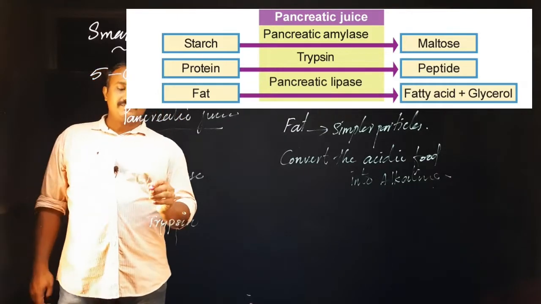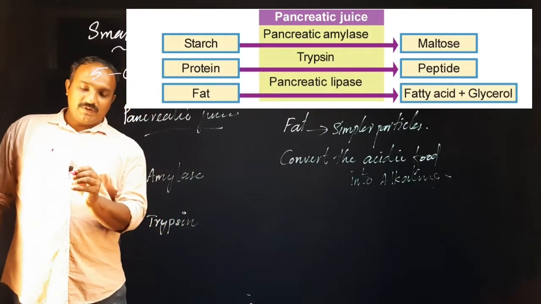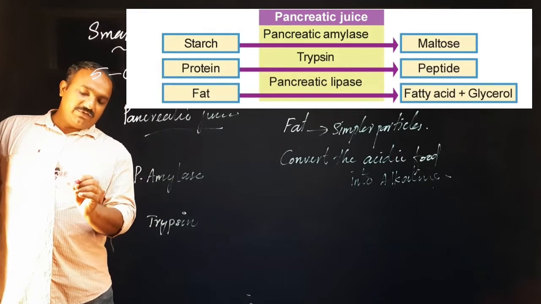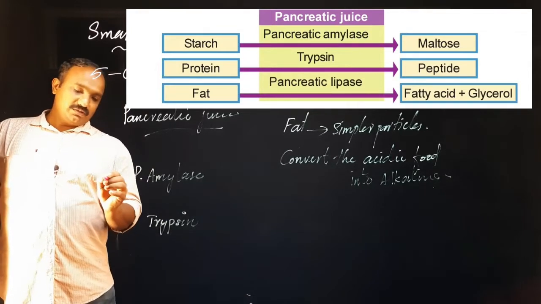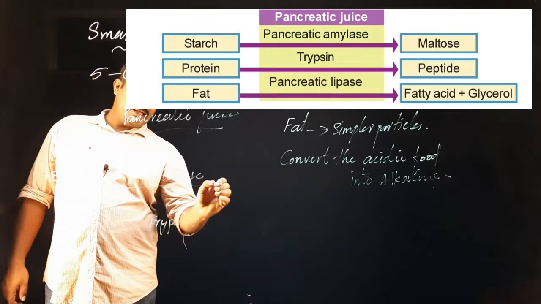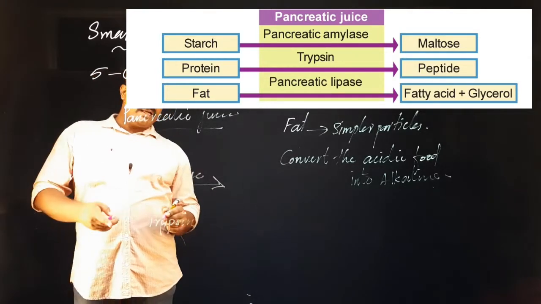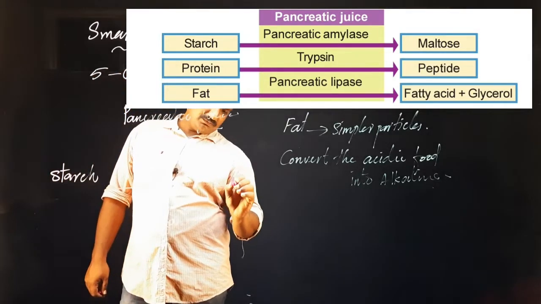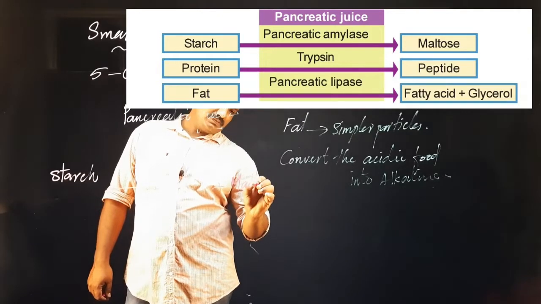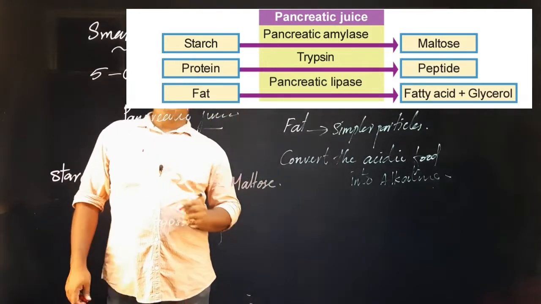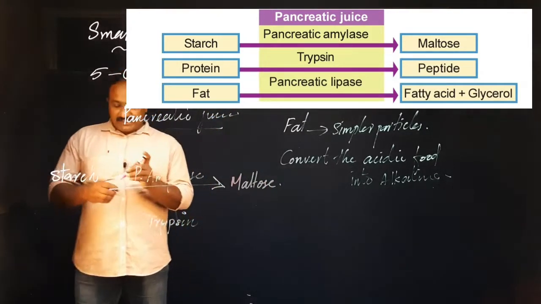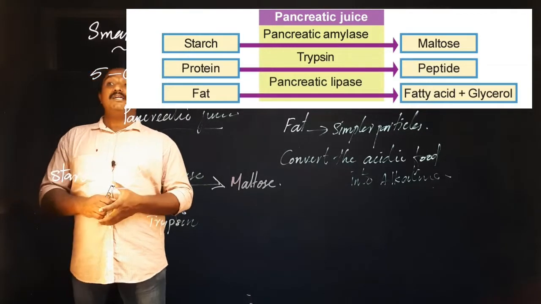The starch present in the food materials is converted into maltose.